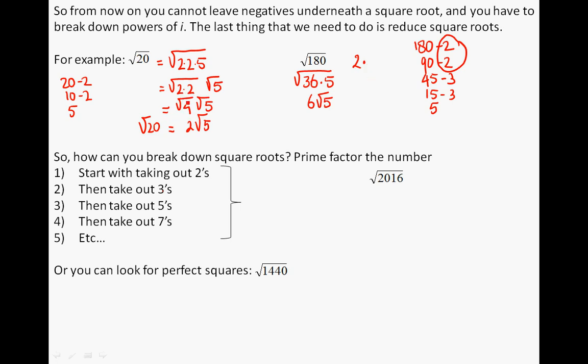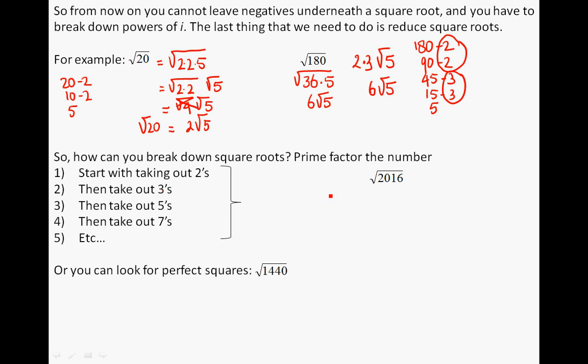See how I needed two 2's to get a square root of 4, which is 2. So I'm trying to skip this step. I don't want to write this underneath the square root and then go to the 2. I can tell you right here that these 2's will give me one 2 on the outside. These 3's will give me one 3 on the outside. Then what I'm left with is the square root of 5, because that's the only thing that I didn't pair up. And then that still is 6 square root of 5.